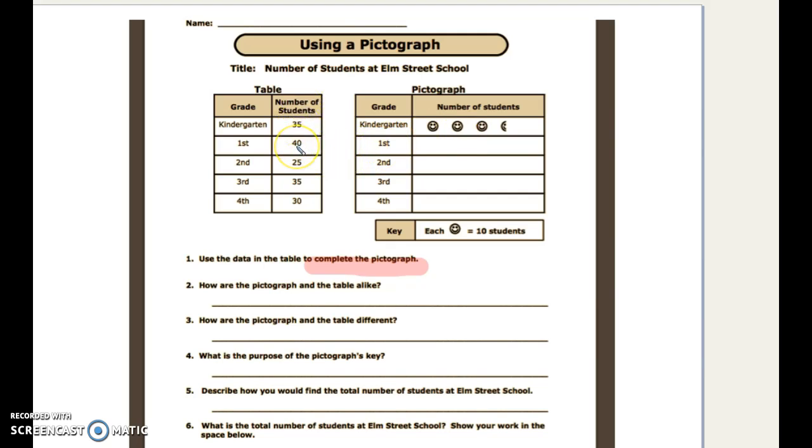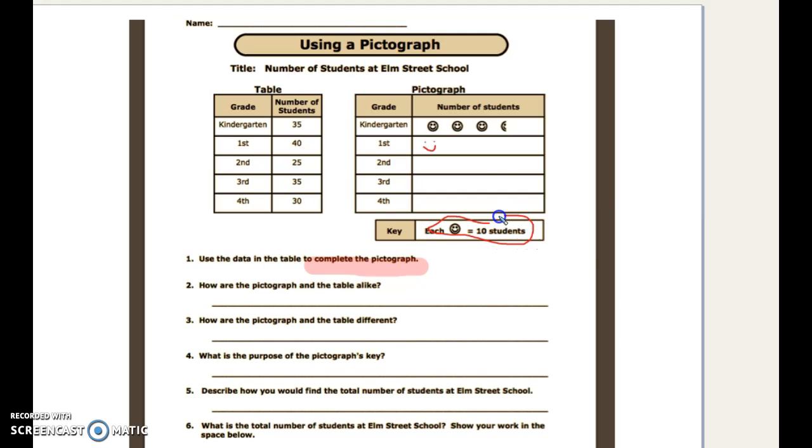So now I have to do the same thing with first grade. Okay, so I'm going to add one smiley face, which looks like a red blob. Hold on, I'm going to erase this. Okay. If I add one smiley face, that tells me I have 10 students.